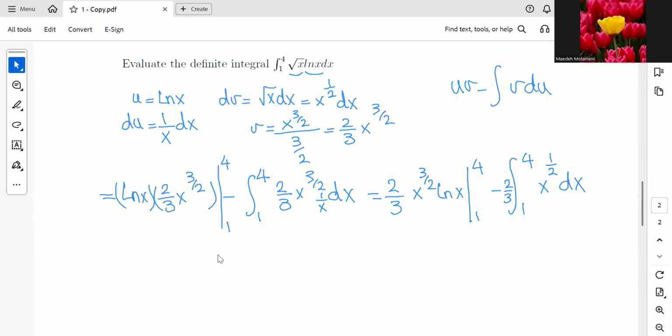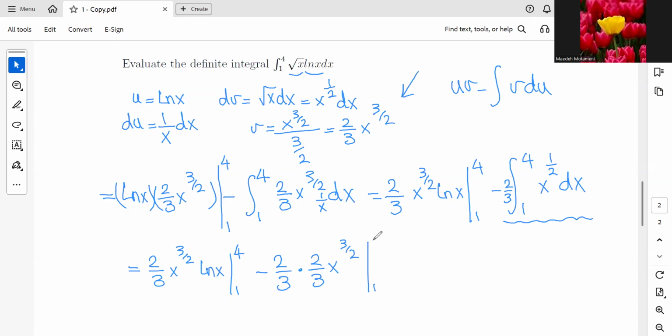Now, we have 2 over 3 x to the power 3 over 2 ln of x for the first part, and you can plug in those numbers here, or you can keep it for the next step. So negative 2 over 3 as we have here. Now, what is the integral of x to the power 1 over 2? That is 2 over 3 x to the power 3 over 2, as we did here, from 1 to 4.